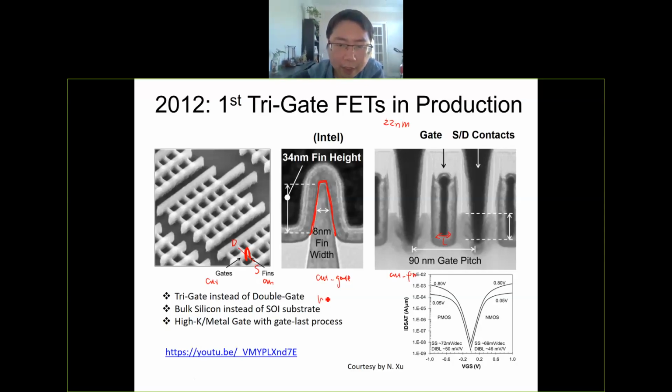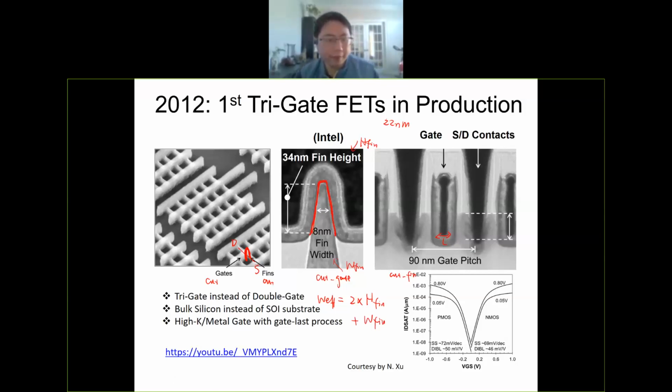So the effective W per fin will be given by 2 times the height of the fin, plus the width of the fin. So this is the height of the fin, and this is the width of the fin. This is unlike the planar structure, where the current conducts along the surface of the silicon wafer. In this one, the current is conducting in this three-dimensional configuration.